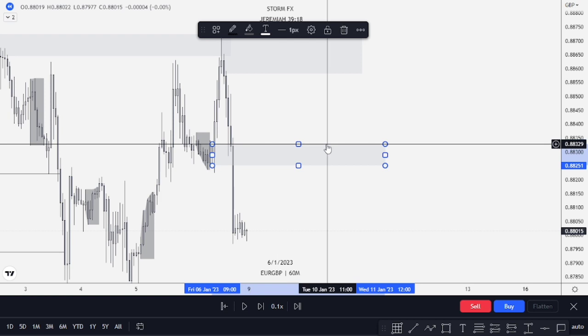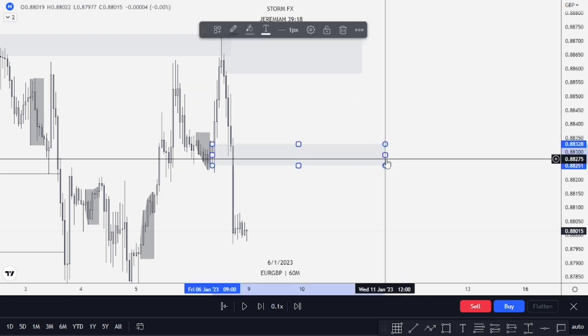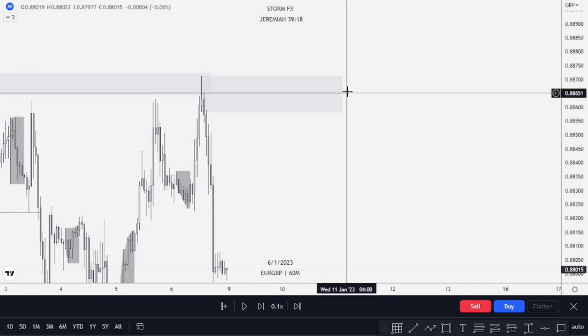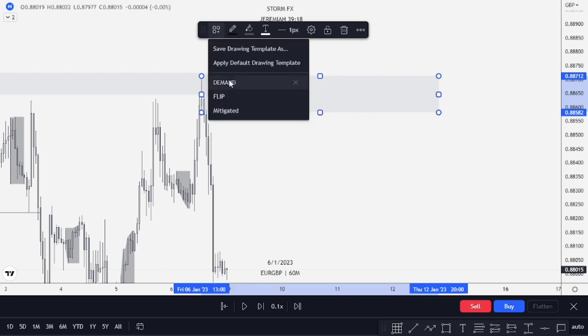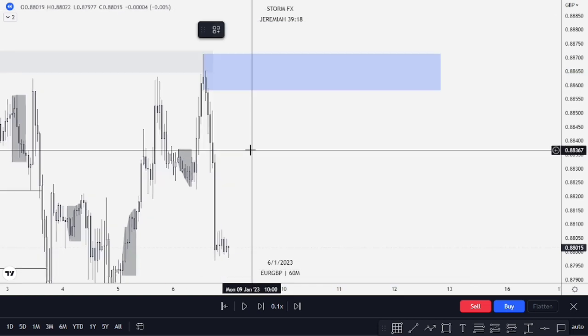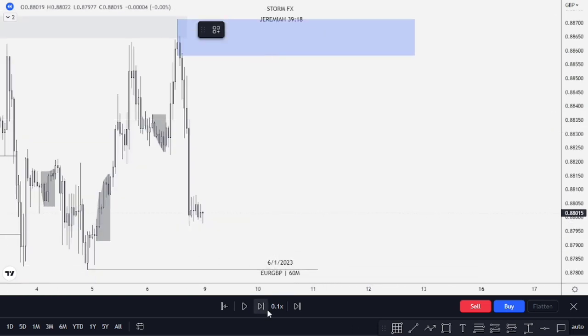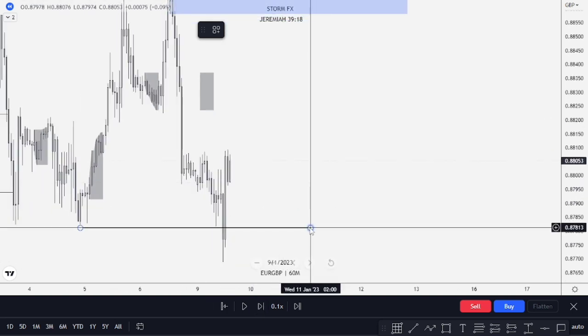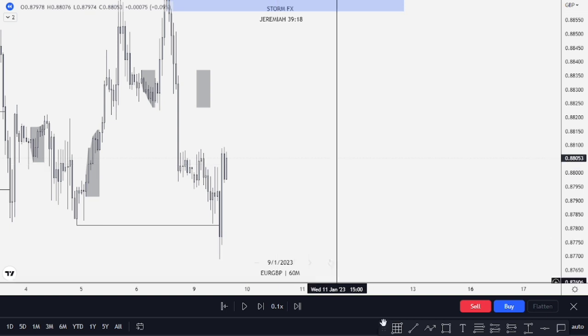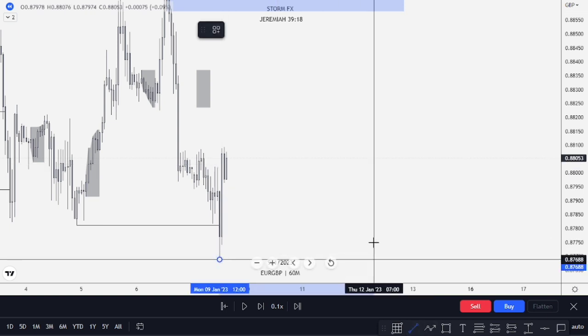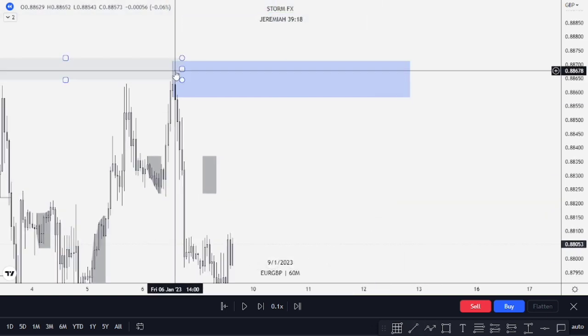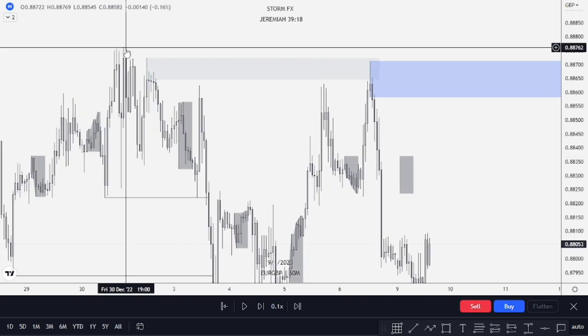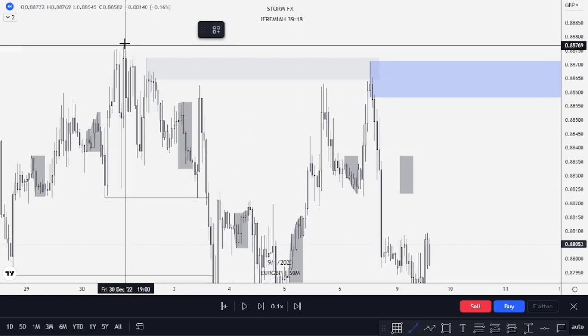So hiyo demand ili fail, and so I was left out with this zone. So acha niweke a more clear color. I was left out with that zone, and so price ika play out vizuri, and the low was taken out. And so my new swing low was this swing low over here, and this swing high. And so there was this one also, so I'll mark this one as the major swing high.